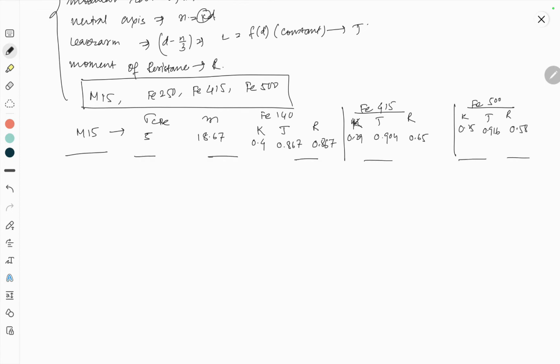What occurs if the grade of concrete is M20? Sigma cbc is 7, the modular ratio is 13.33, the k value is the same 0.4, j is 0.867, and R should be 1.214.